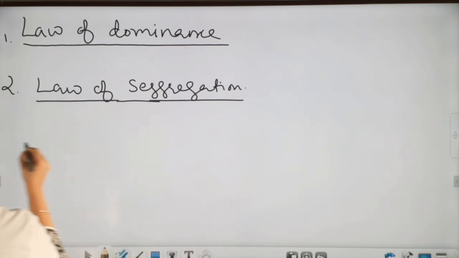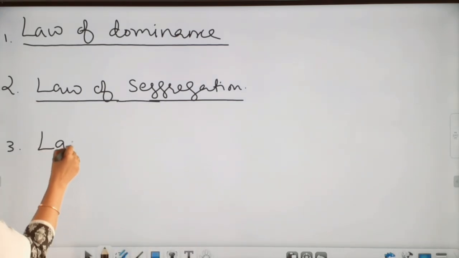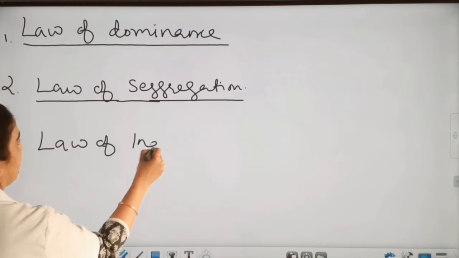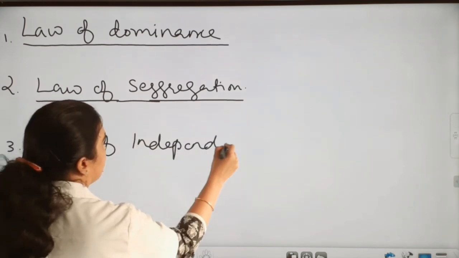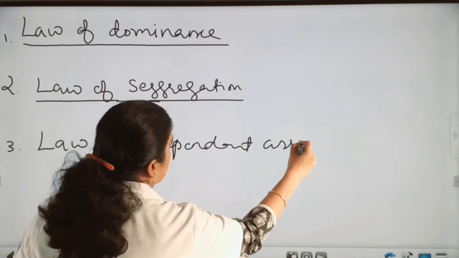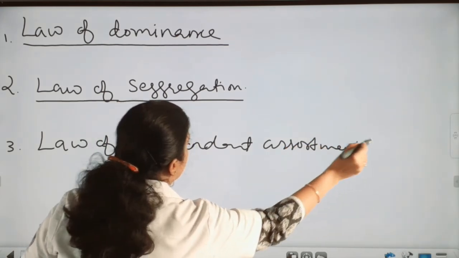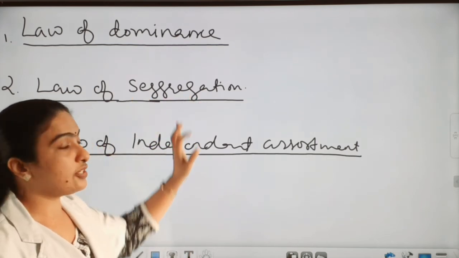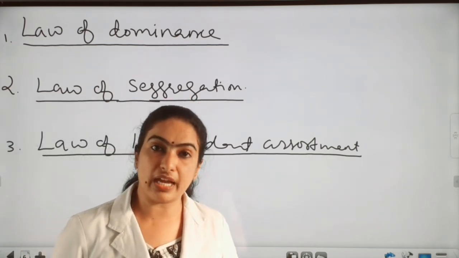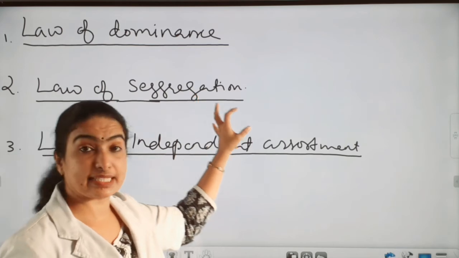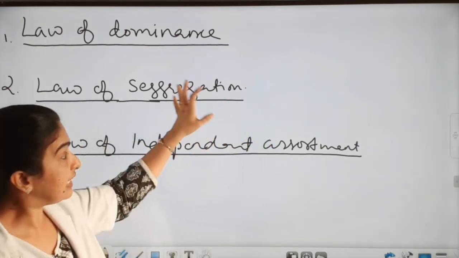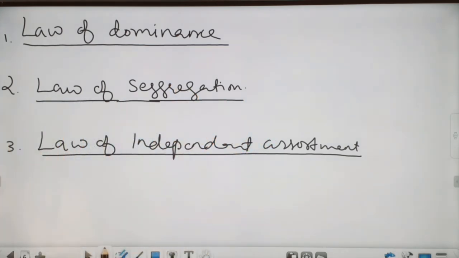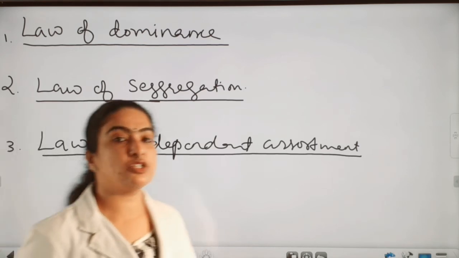And next we can see the third law, that is law of independent assortment. Before that, I want to tell you about this law of segregation. As I told you, law of segregation is also known as law of purity of gametes, and it is a universally accepted law. And here, law of independent assortment is based on dihybrid cross.